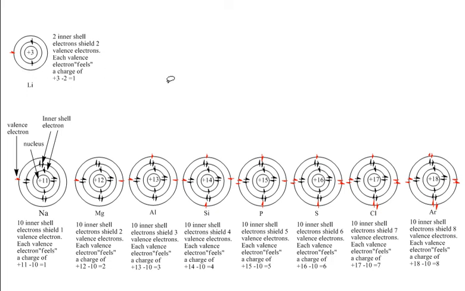That means the electron is closer to the center of positive charge. That means it's held more tightly. The sodium's valence electron, further away from the center of positive charge, is held less tightly.